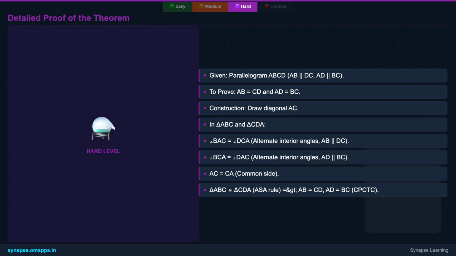The detailed proof for opposite sides of a parallelogram are equal follows the same ASA congruence steps we discussed, clearly outlining the given information, what we need to prove, our construction, and each logical step using alternate interior angles and the common side. This structured approach is crucial for geometric proofs. It reinforces the why behind the property, solidifying your foundational knowledge.